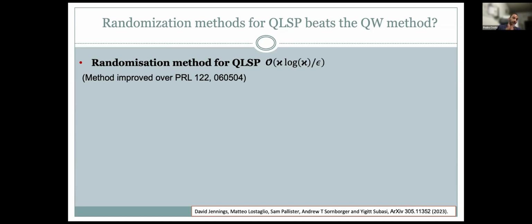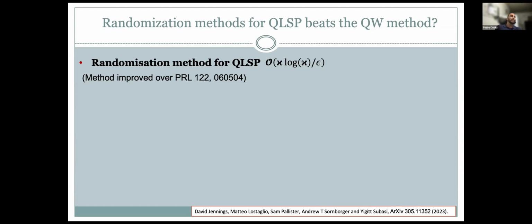You have a worse asymptotic behavior in terms of the parameters of the complexity for the linear system problem. And sorry, there's a mistake here. There is also a logarithmic dependence on epsilon. Sorry for that. It's log kappa over epsilon. So this is a typo here.